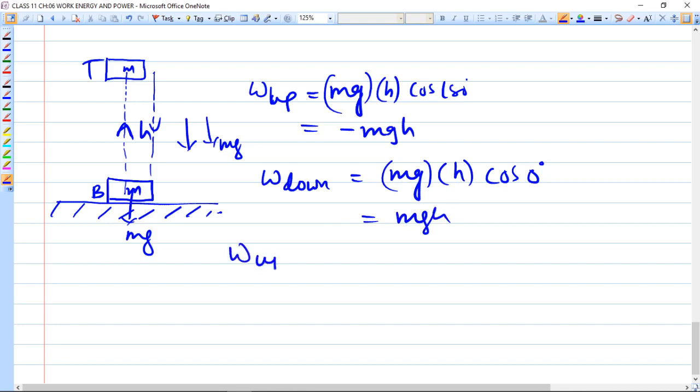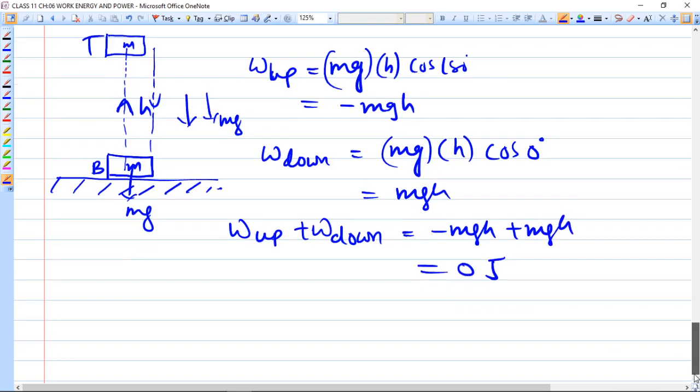Now, W up plus W down, very carefully. Closed path. So what is the answer? Minus mgh plus mgh, and the answer is 0 joule. So here we have also proved that the work done in a closed path by the gravitational force is 0.